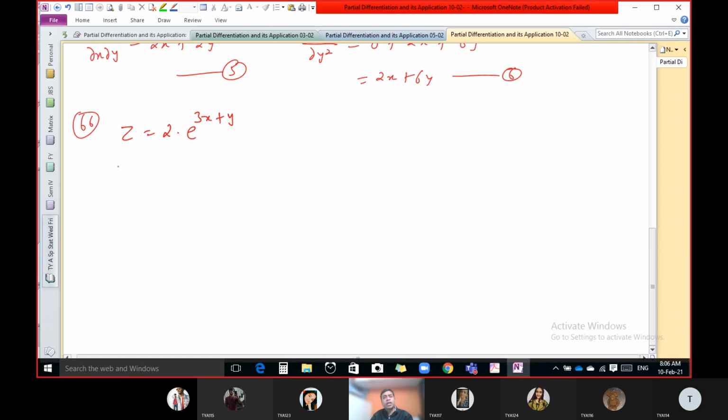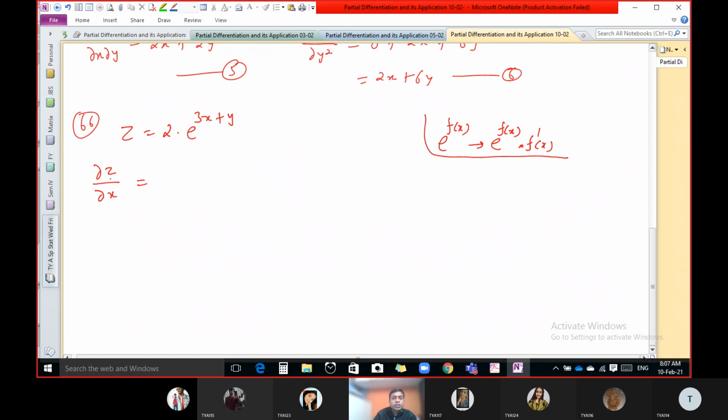Now we have to find the derivative of this with respect to x. We know the simple derivative of e raised to any function: the answer is e raised to that thing into the derivative of the power of e with respect to x. That is the formula.